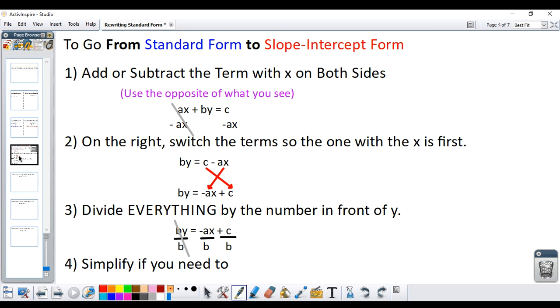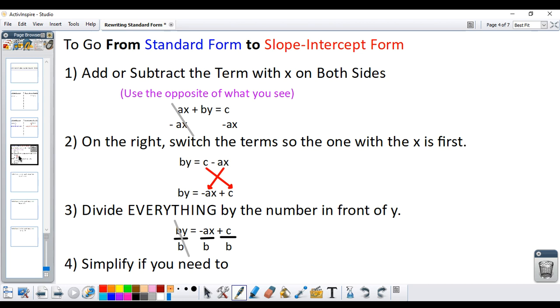Once you have moved the term with the x to the other side, you do need to divide absolutely everything by that number that is in front of y. Okay, so every single term, not just the x term, not just the term without it, every single thing. It's like being fair. It's like if you have a sibling and your mom gives your sibling a cookie but doesn't give you a cookie, you feel like it's not fair.